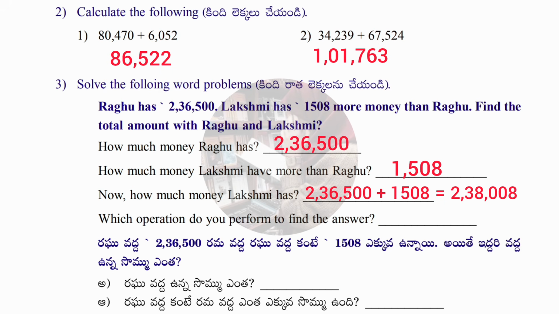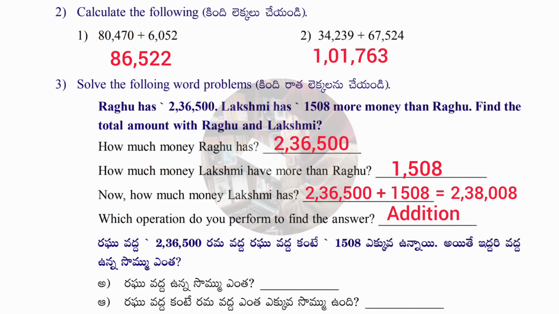So 2,36,500 plus 1,508, which is equal to 2,38,008 rupees. Okay. What operation do you perform to find the answer? I told you already, whenever you see the word more in the question, you have to add it. So of course we did the operation addition here. Okay. Understood, guys? I hope you all got this.